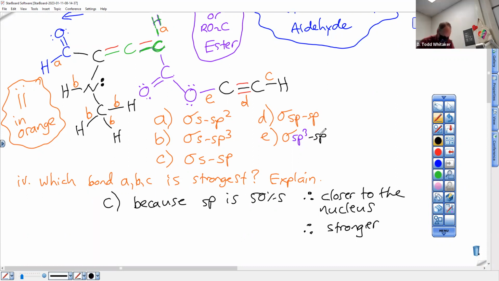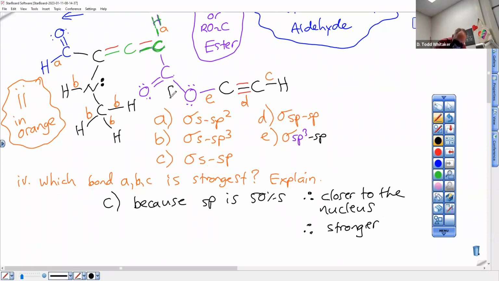Color coding in case you want to review. sp3 for this one, sp for that one. When you count for hybridization, you count sigma bonds and lone pairs. And that has 2 sigma bonds, that oxygen in purple, and 2 lone pairs. That's sp3, 4 things. And then F, I believe there's an F there.